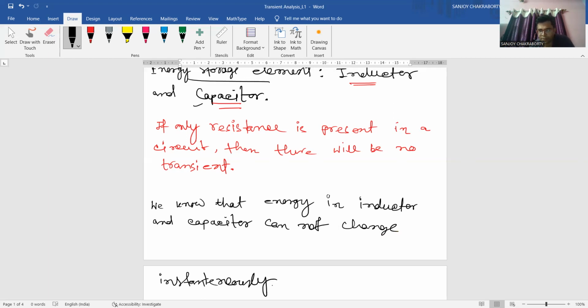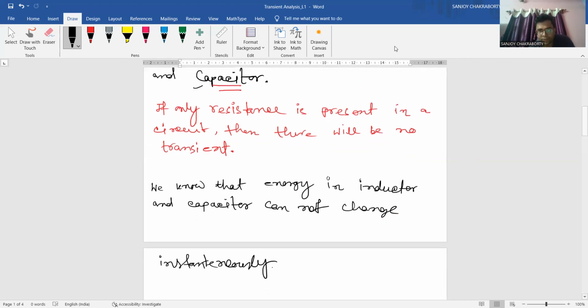So why can these energies in inductor and capacitor not change instantaneously?